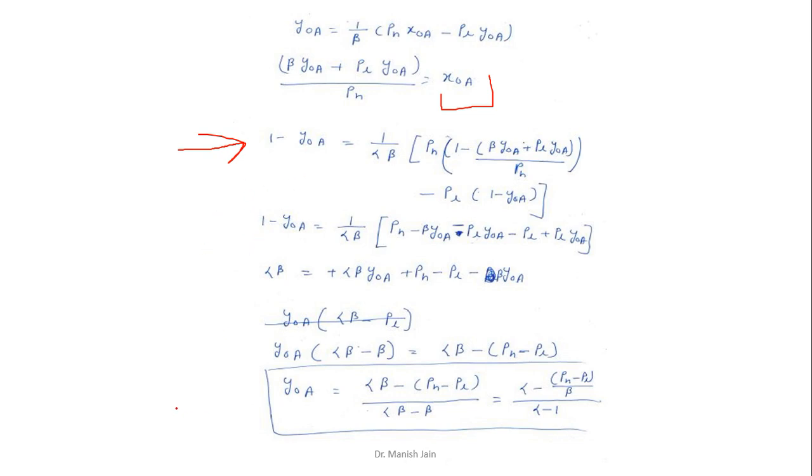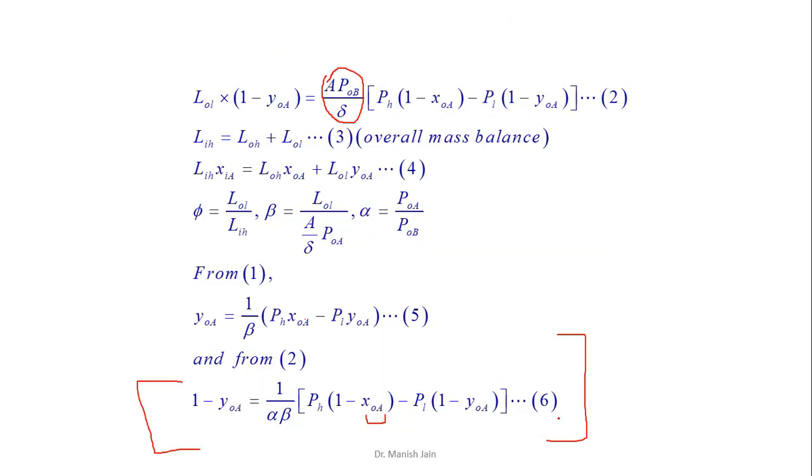After 2 or 3 steps, we will get the value of YOA. So YOA equal to alpha minus PH by PL divided by beta alpha minus 1. Now if you check this equation, YOA equal to PH minus PL by beta alpha minus 1. So alpha is the selectivity. Membrane selectivity is the property of the membrane.